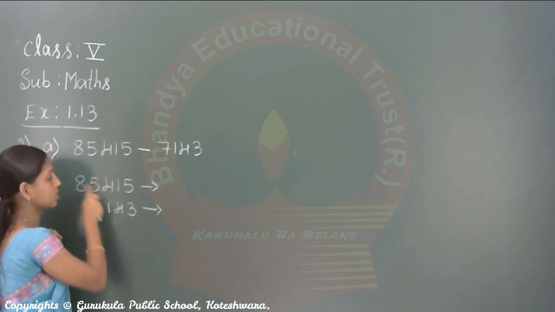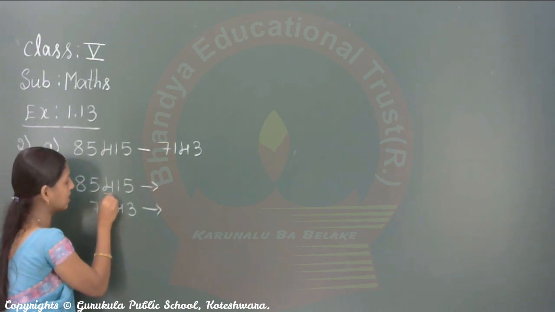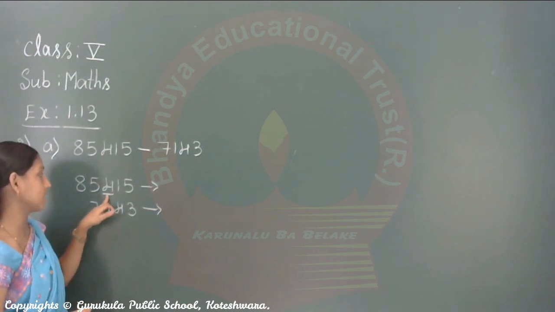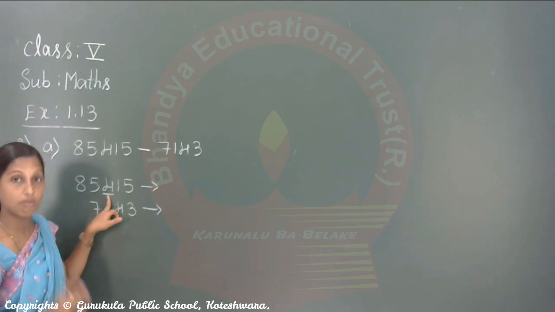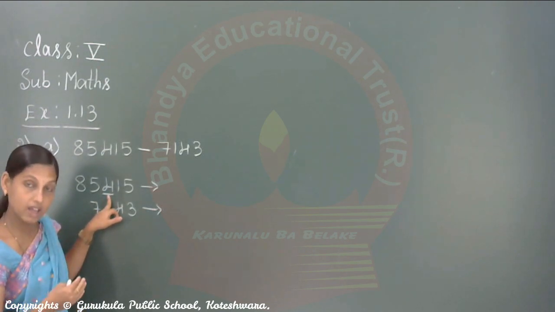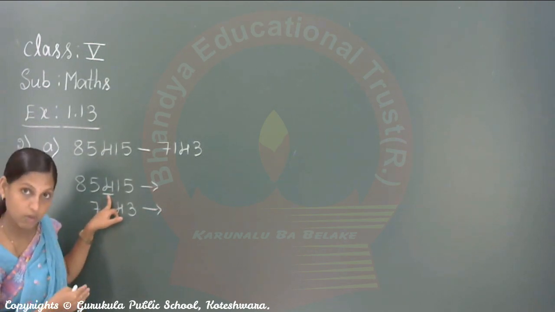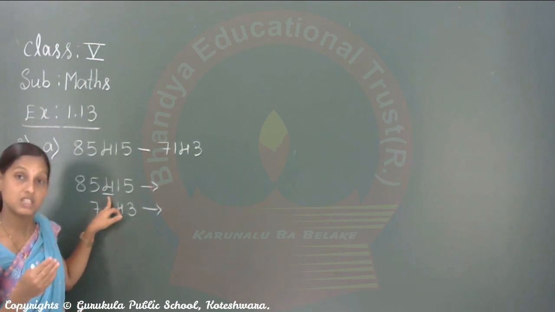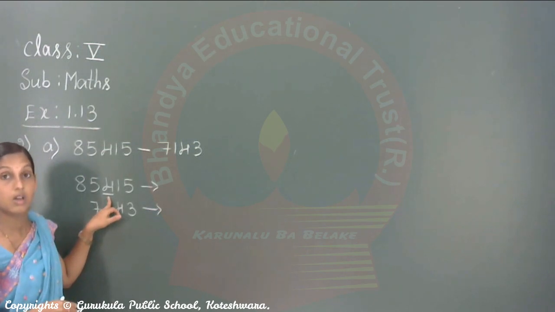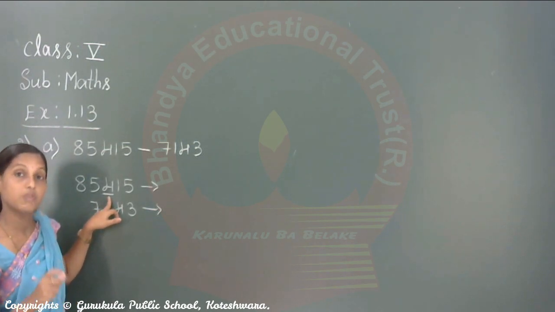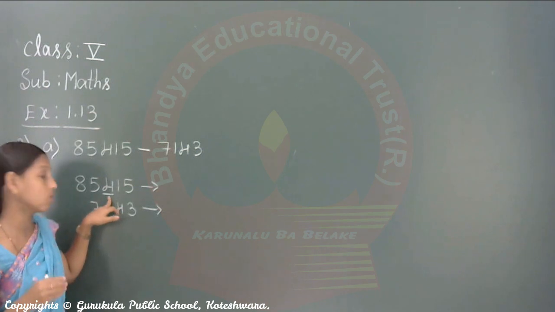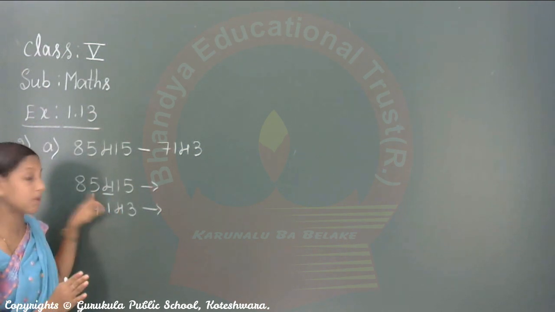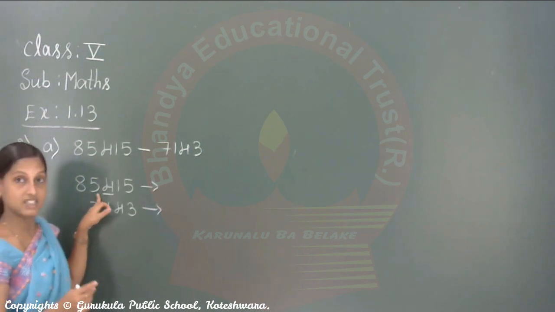So round off nearest to 1000 means we have to see the hundreds place, right? What is there in hundreds place? There is a 4. It is less than 5. We have to see for less than 5 and more than 5. Here 4 is there, which is less than 5. The number which we see, if that is less than 5, we don't need to add anything to the thousands place. Keep the thousands place and 10,000 place as it is.